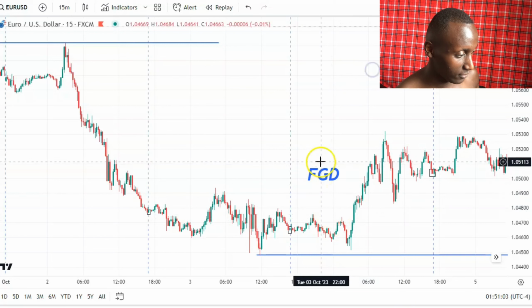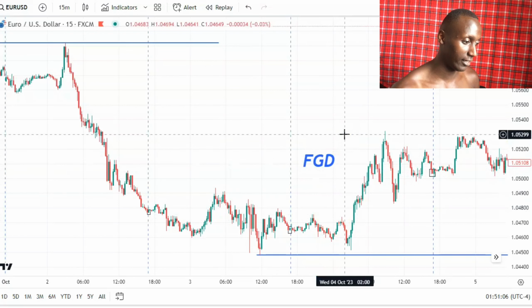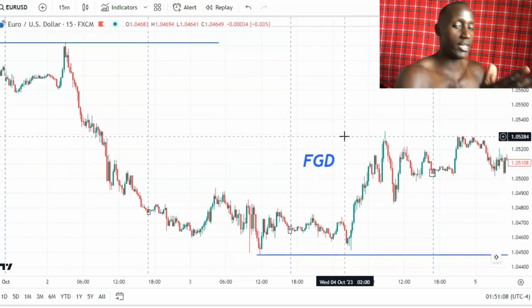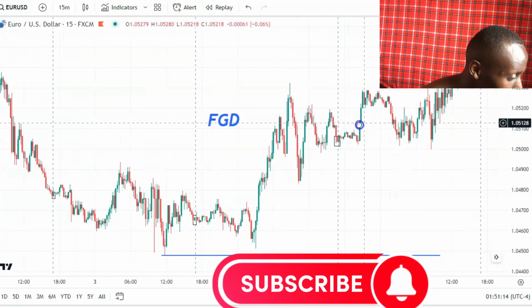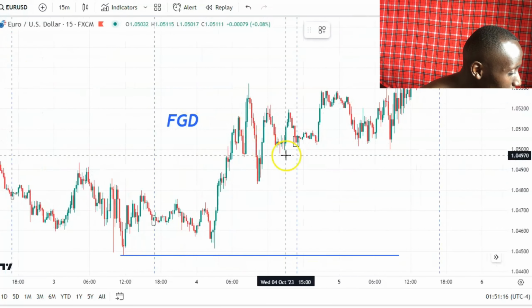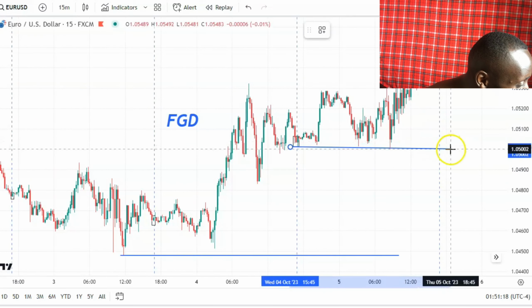So my thesis when I see a first green day is that on the next day we are going to have a continuation trade setup. So if I want a continuation trade setup, I am going to look for an opportunity to buy low.